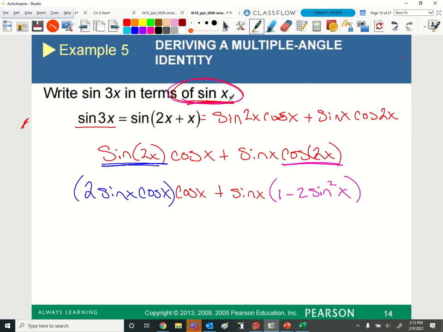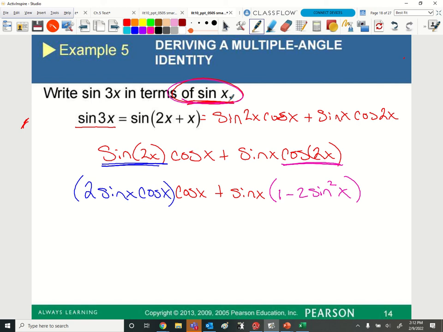But that has a cosine. I don't want cosine, do I? That's why I don't use that one. So my last one has sine squared, and that's all I'm looking for. So every place that I have a cosine, I'm going to have to get rid of. Does that make sense?